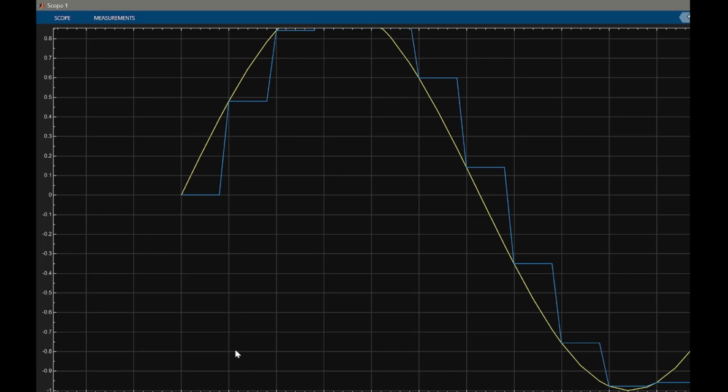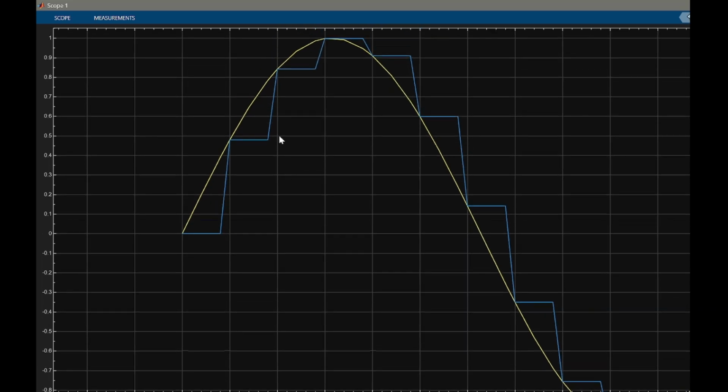This is our first sampling period, and therefore it jumps directly to 0.47. Then it holds the value at 0.47 until the next sampling time happens at 1 second, and it jumps instantly when it hits 1 second. Then it jumps to the next sampling value, and that repeats.